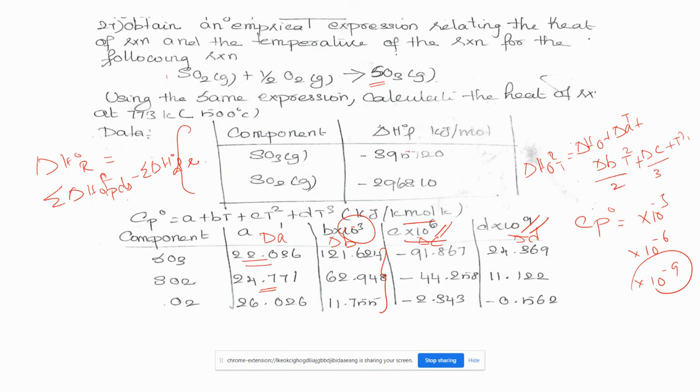Now the next is del B we have to find. So what is del B? 1 mole and 1.5 moles. So that is 1 into 121.624 minus 1 into 62.948 plus 1 by 2 into 11.775.